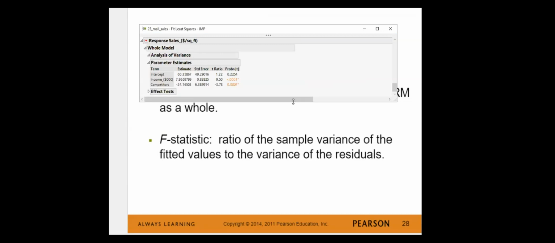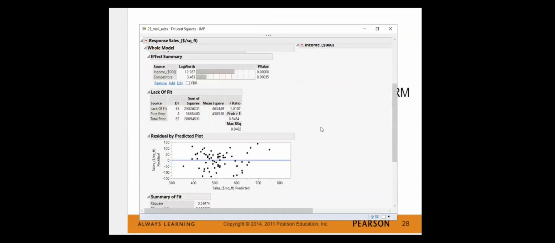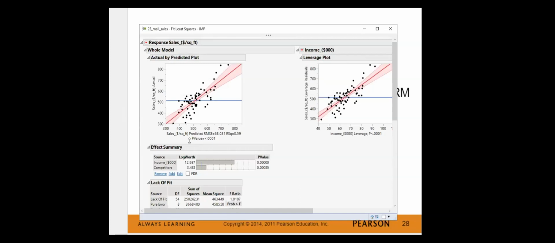Okay, so there are different ways to do this. One, do you see here we have the actual by predicted. The actual by predicted is what we talked about earlier, and that shows that we have a good fit here.